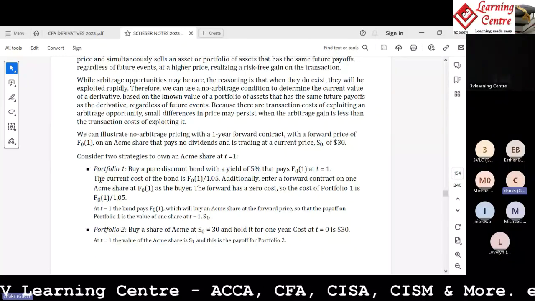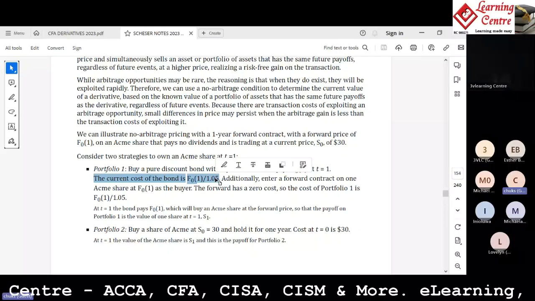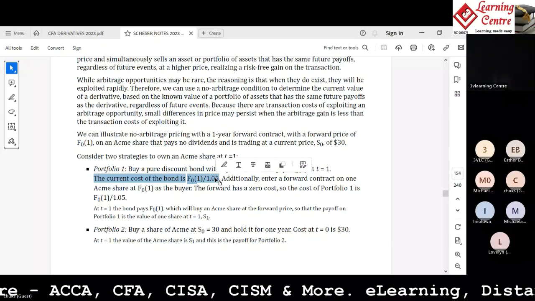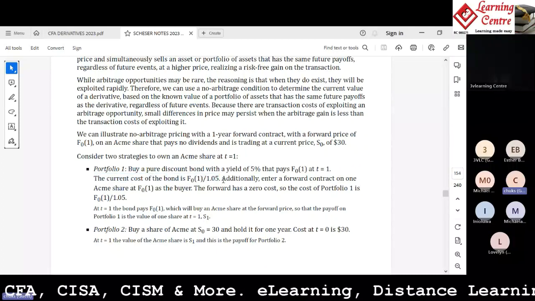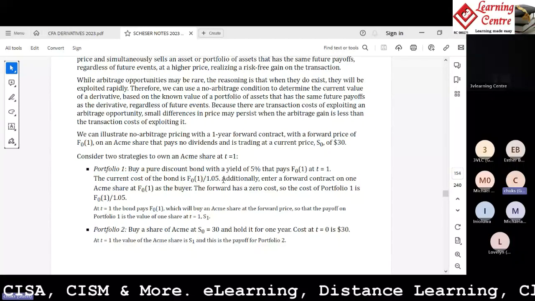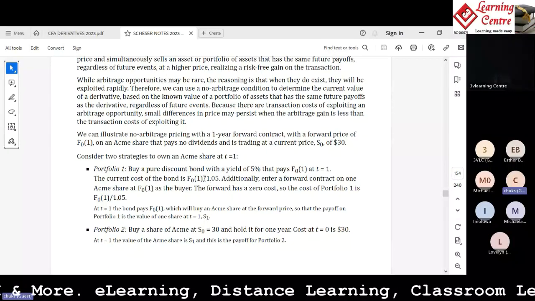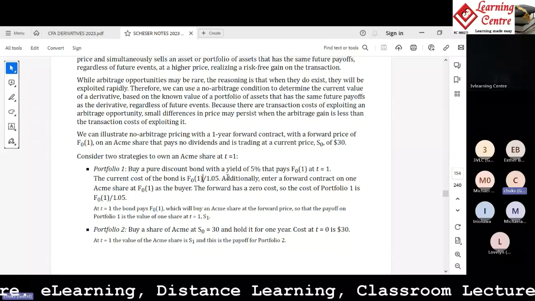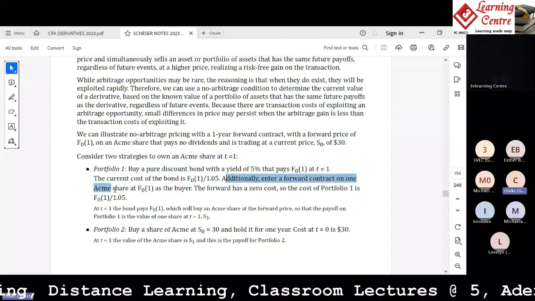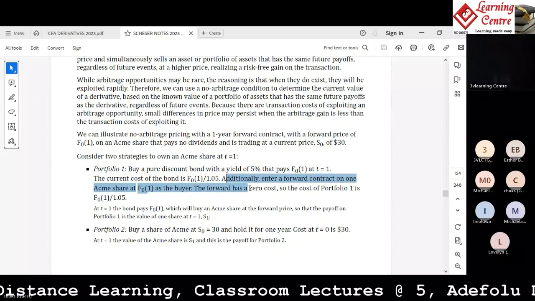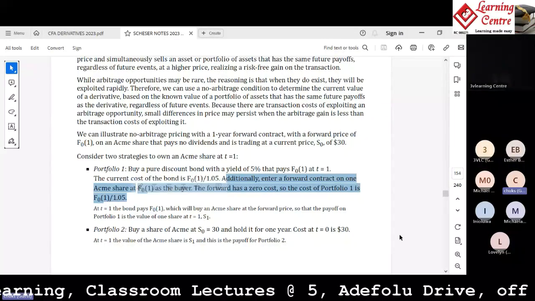To get the cost of this bond, you have to get the present value. So the present value is 1 divided by 1 plus R, where R is the rate, which is 1.05. Additionally, enter a forward contract on 1 share as the buyer. The forward has a 0 cost, so the cost of the portfolio is 1 over 1.05.